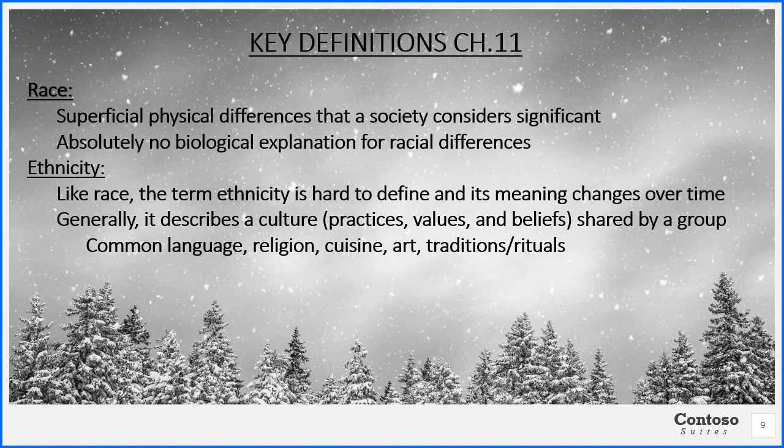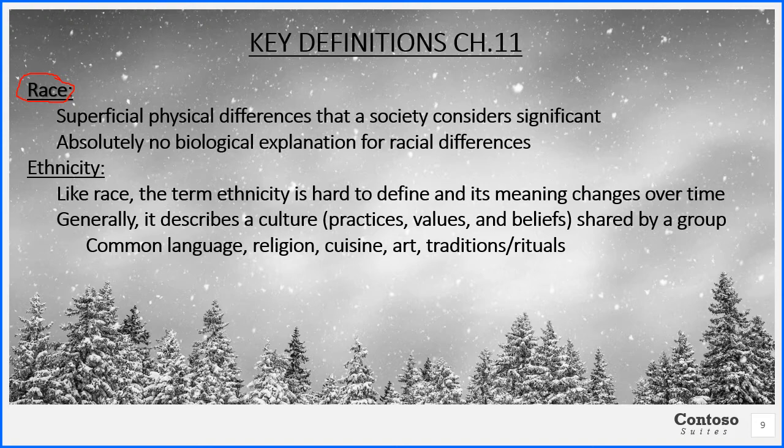All right, so now we'll do a little chapter 11 recap. This was the chapter on race and ethnicity, so quite fitting for this slide where we have the 2 definitions. Race refers to your superficial physical differences that a society considers significant.